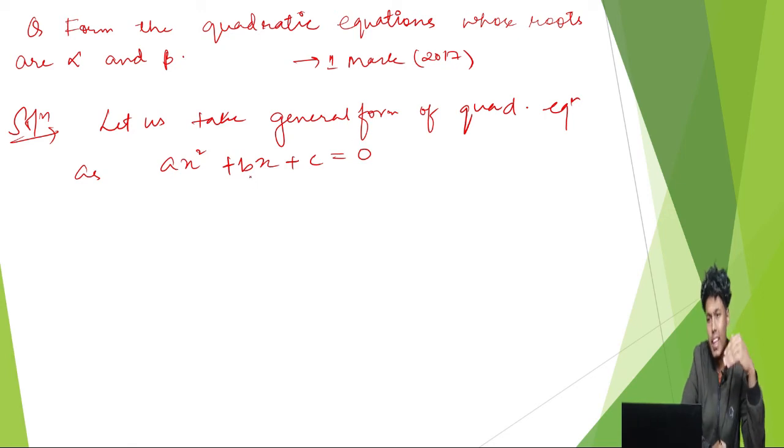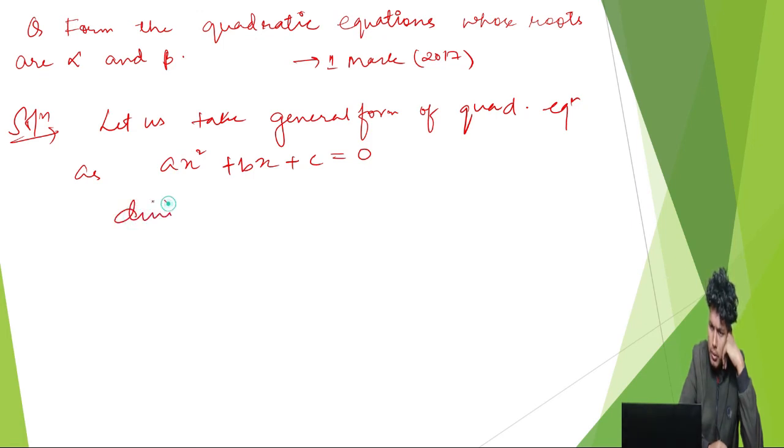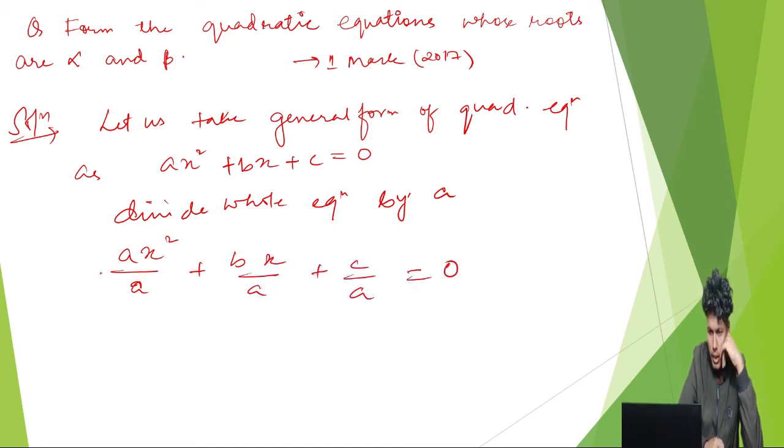Now divide the whole equation by a. So ax square by a plus bx by a plus c by a equal to 0. A cancels. So x square plus b by a into x plus c by a equal to 0.